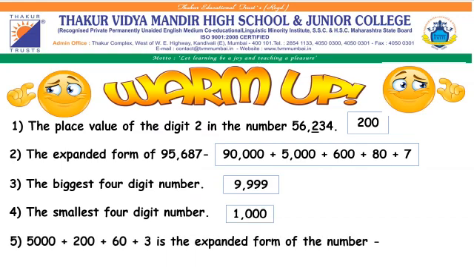The last question is 5,000 plus 200 plus 60 plus 3 is the expanded form of the number 5,263. That means we can read this number as 5263.